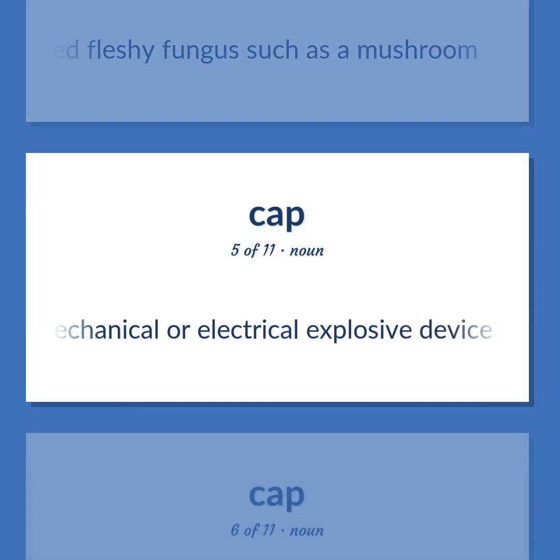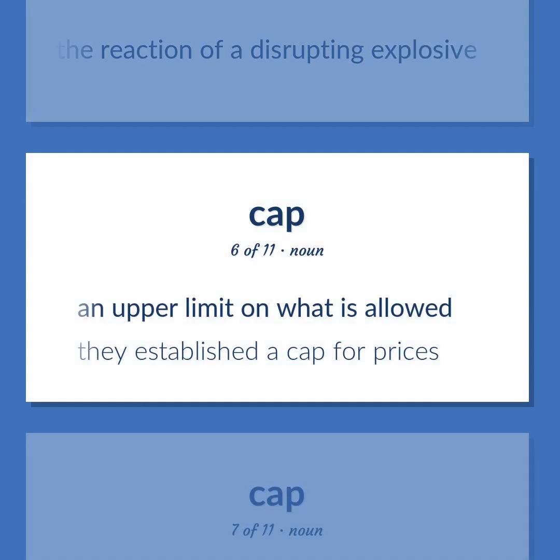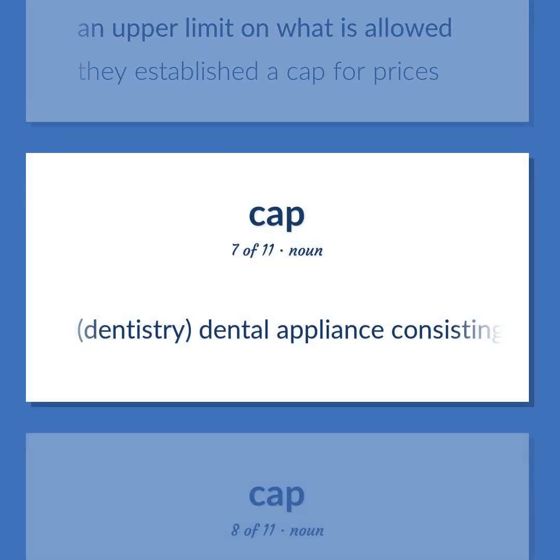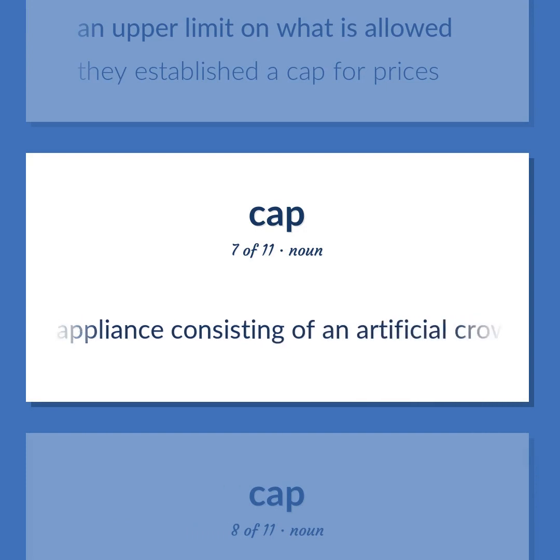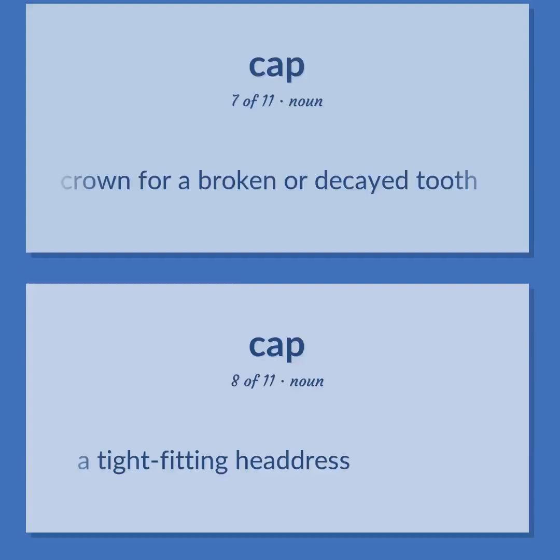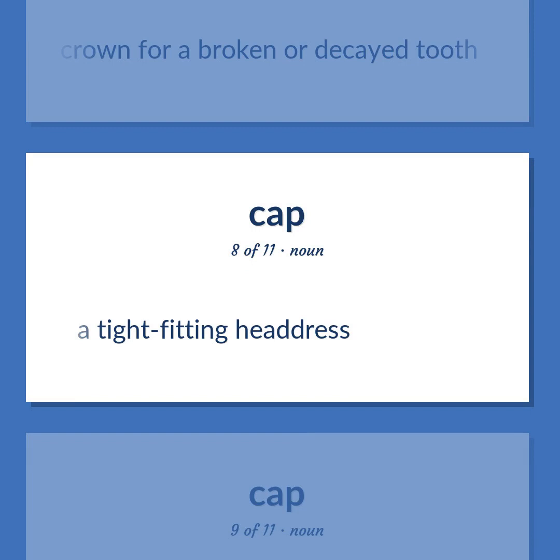A mechanical or electrical explosive device or a small amount of explosive can be used to initiate the reaction of a disrupting explosive. An upper limit on what is allowed. They established a cap for prices. Dentistry. Dental appliance consisting of an artificial crown for a broken or decayed tooth. A tight-fitting headdress.